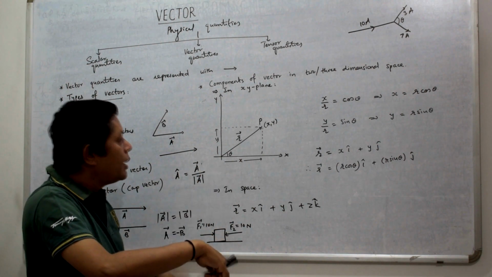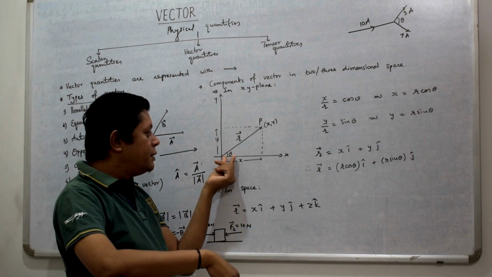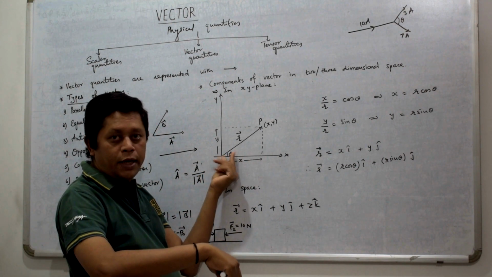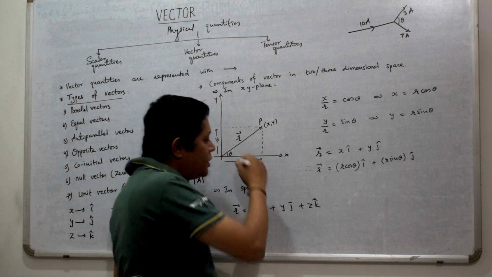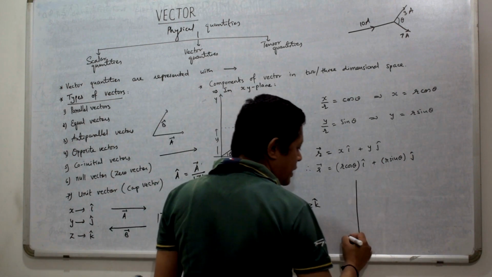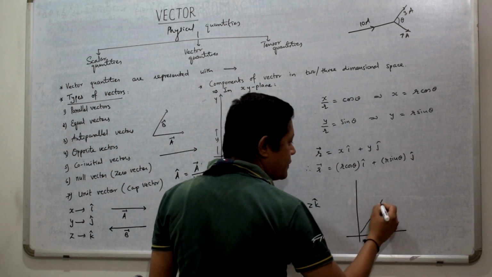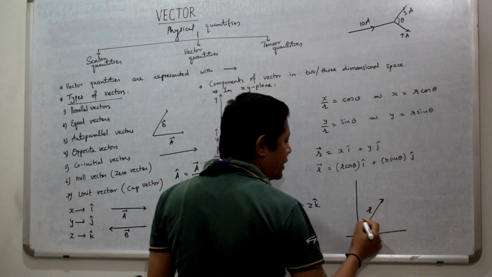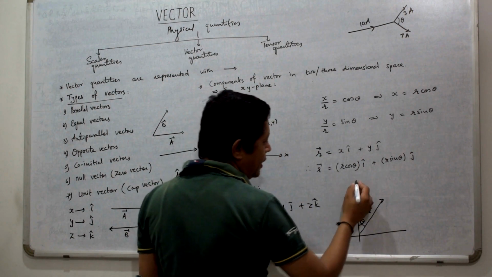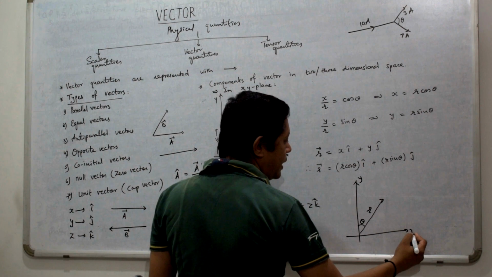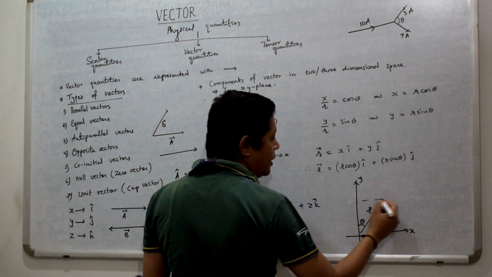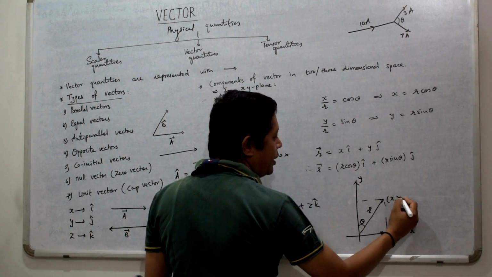This way you can write the components of a vector in different directions. Here you must know the axis with which the angle theta is made. Suppose this same vector r is making angle theta with the y axis, then if you write the components, the coordinates are again x and y.